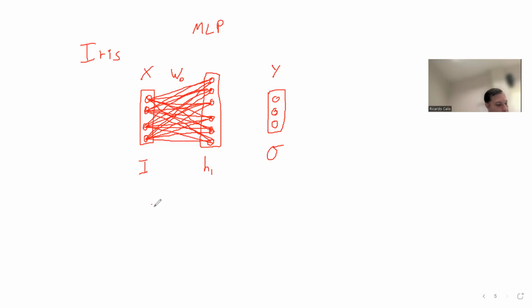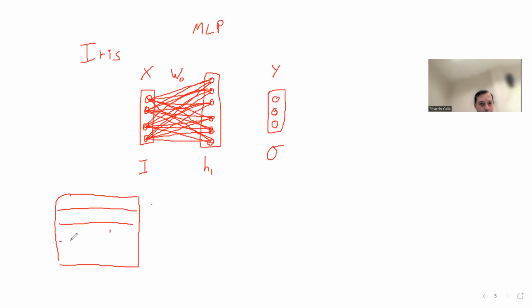Now, I want to give you a very important insight right now. Another matrix is happening here, which is this one. W0 actually has shape, and the shape of W0 is, sorry, that came out a little squirrely.